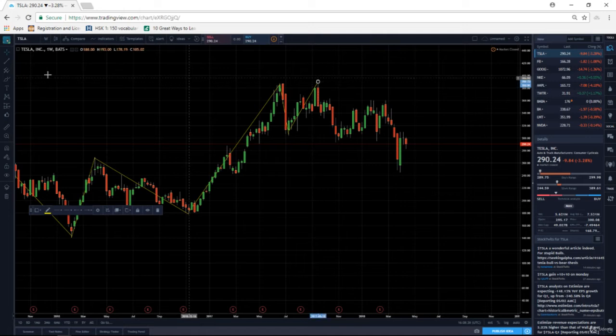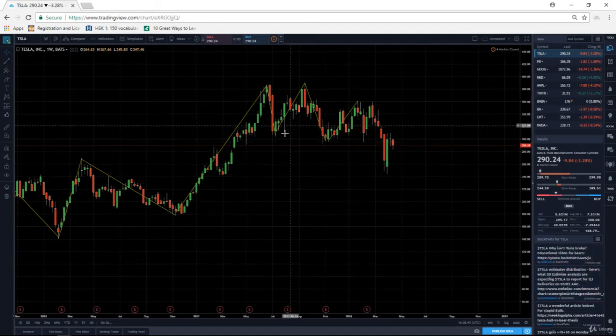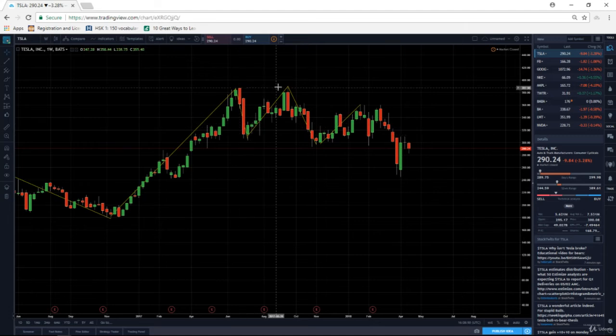Now goes here. Now what you can see is that this line, they are making lower low and lower high. All right, lower low and lower high.